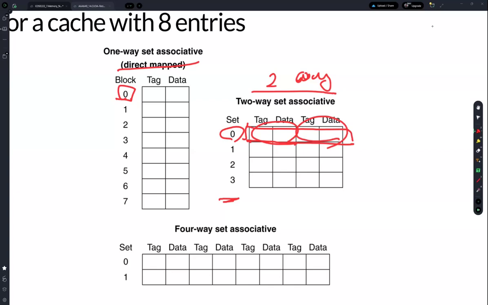For the direct mapped cache, we call this the cache index, but in a set associative cache, we call this index the set index.